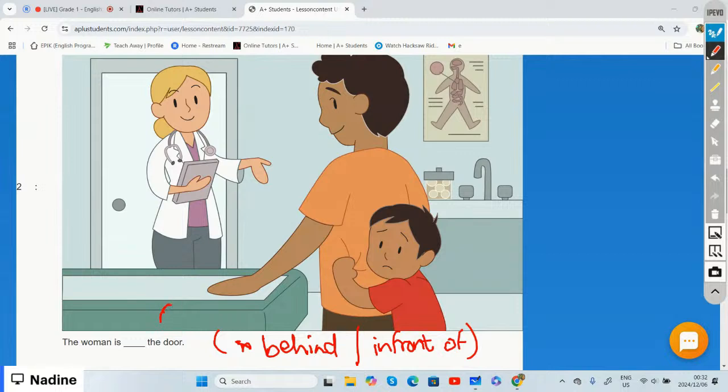In front of or behind? Behind or in front of?